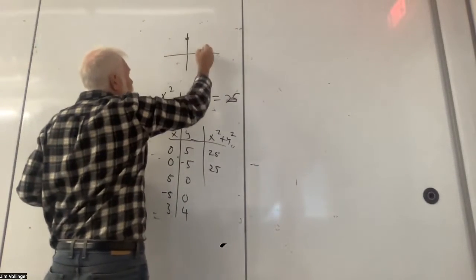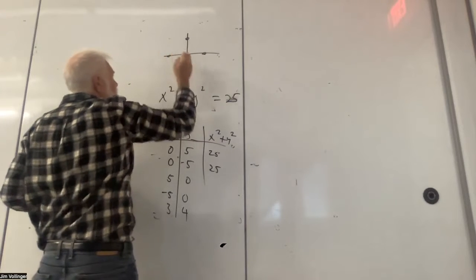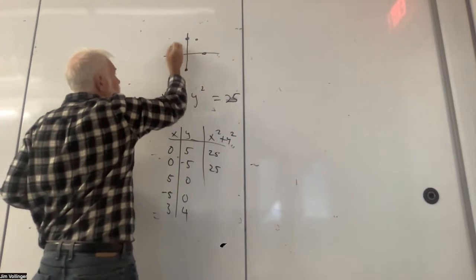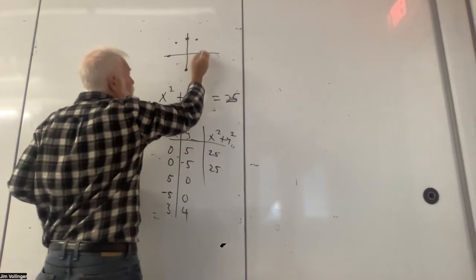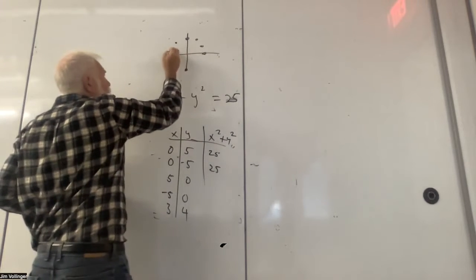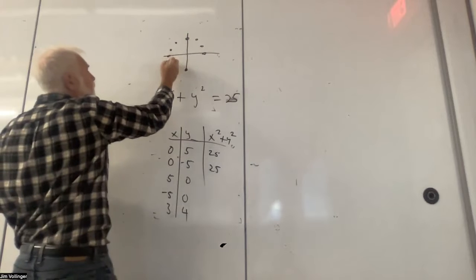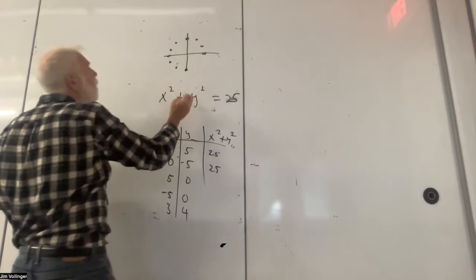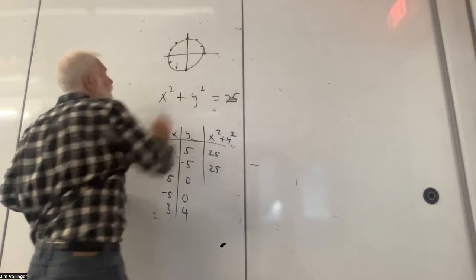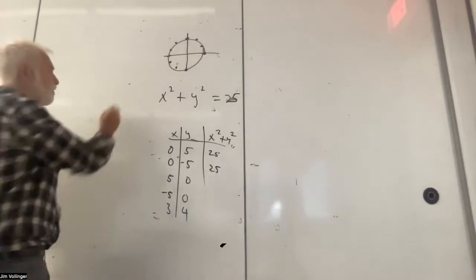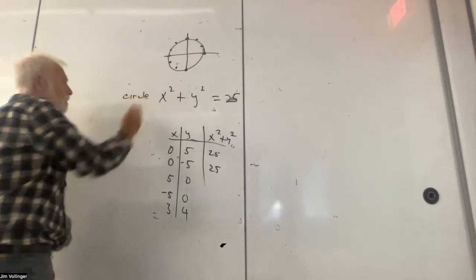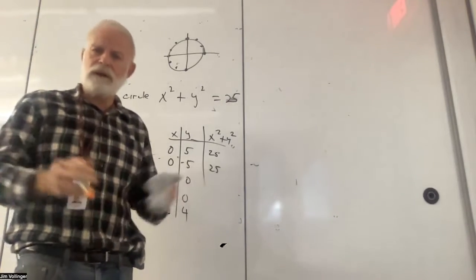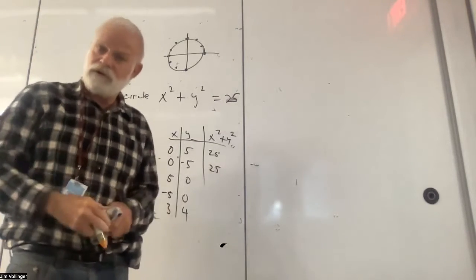We got the 5, the -5, over 3 up 4, back 3 up 4, over 4 up 3, back 4 up 3. How about -4, -3? How about -3, -4? Oh, Lordy, I sure look like that's the equation for a circle. Huh. Imagine that. Pythagoras just gave us a way to graph a circle.